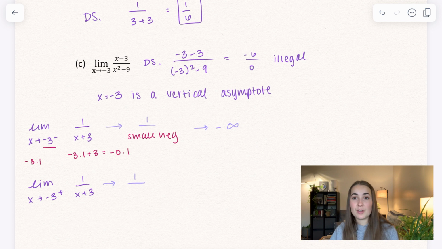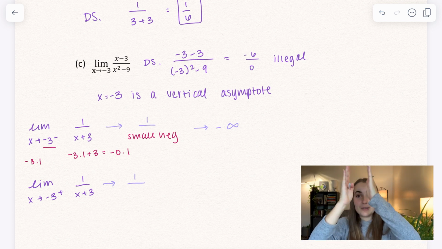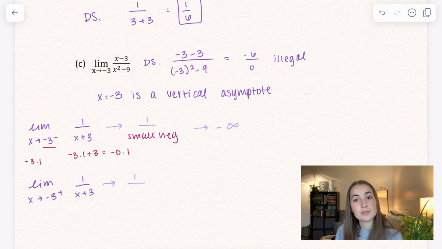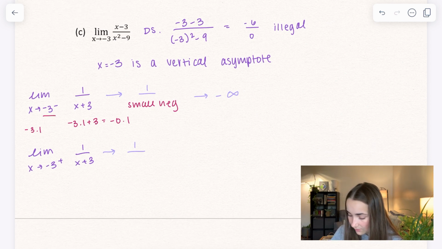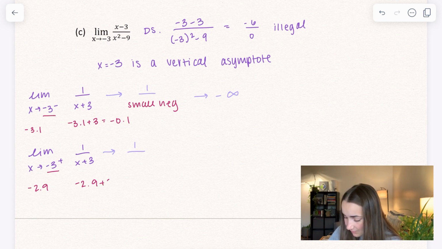A vertical asymptote means that the functions are going to be infinite, but we don't know if they're going to the same infinity or different infinities. So that's what we're trying to figure out with this. Let's go ahead and try a number just to the right of -3, so maybe -2.9. We can plug that into the denominator, -2.9 plus 3. This is going to give us positive 0.1.